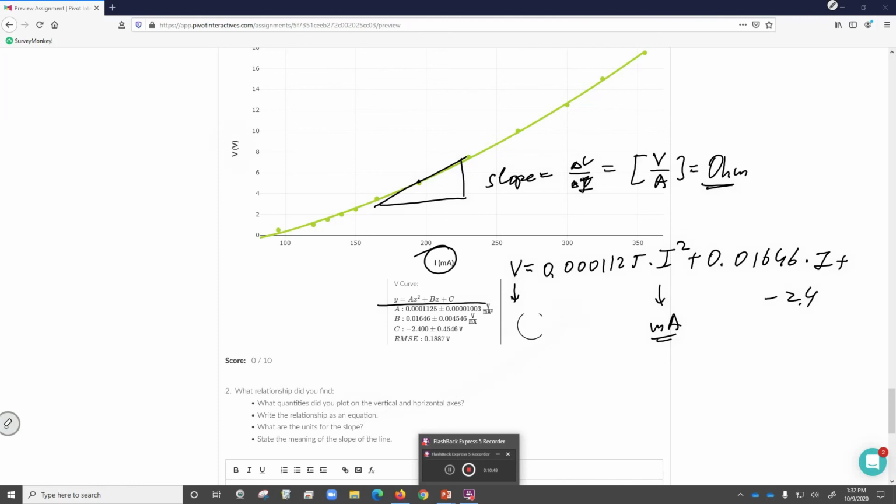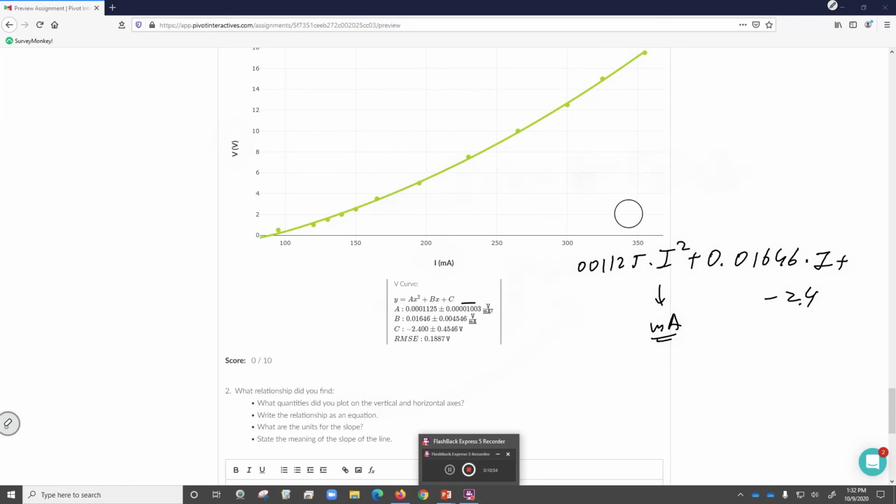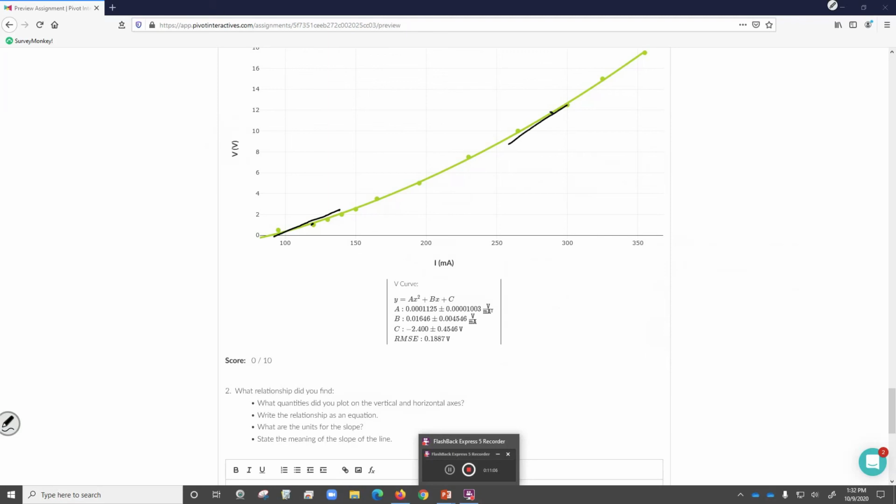Now, does the slope remain constant? No, because it's not a linear relationship. Here, the slope is not as steep as here, so it changes. But what does it mean?